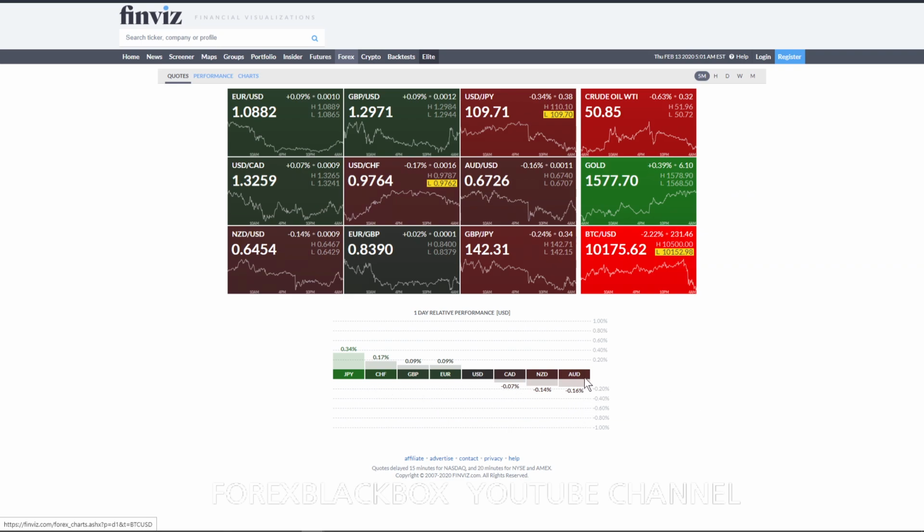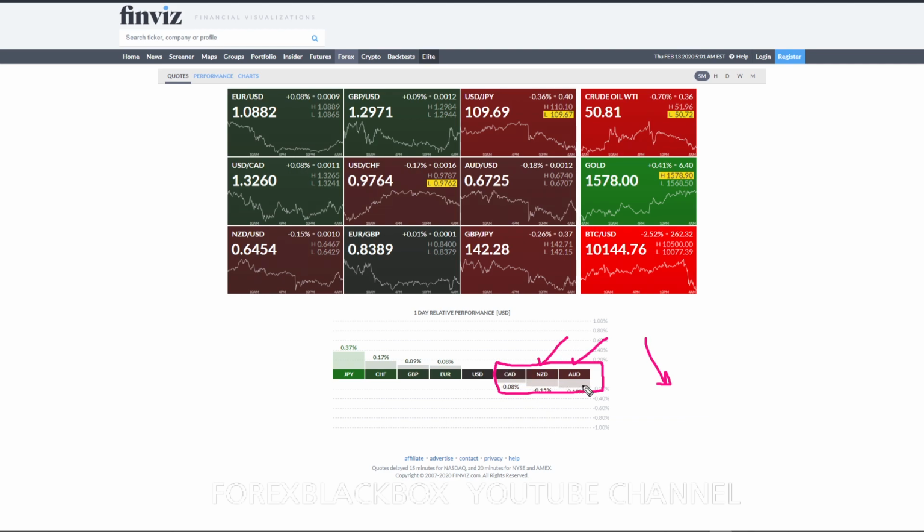So Aussie is weak because the S&P 500 went down, and New Zealand as well, and CAD. Three of them are all to do with the stock. That's why you have to watch S&P 500 and know where the currency is going, because if S&P 500 is going down, these equity currencies go down with it. No demand on them.